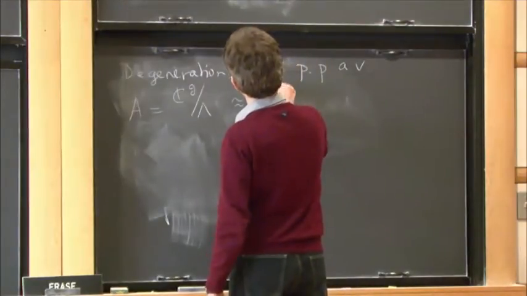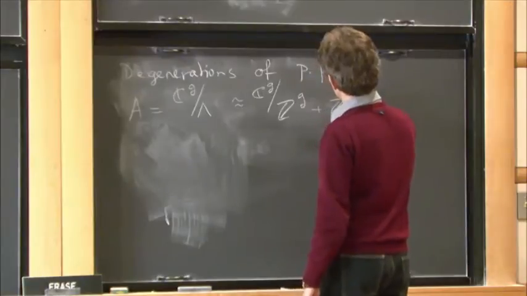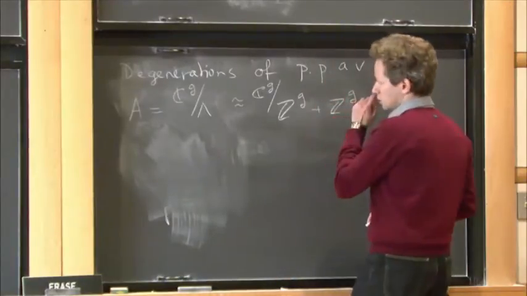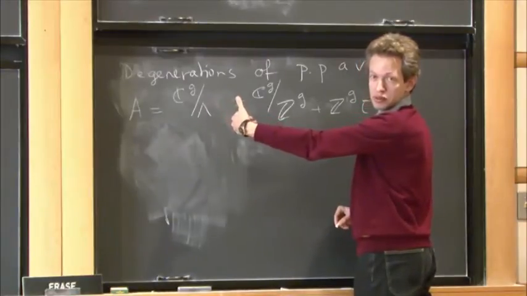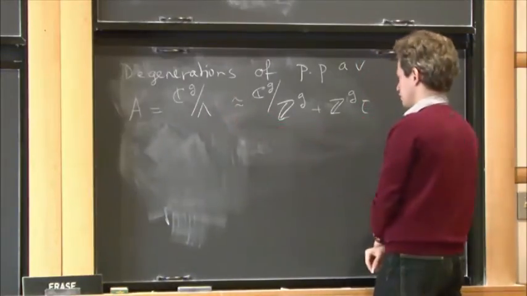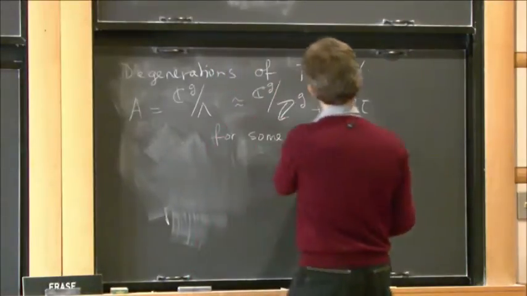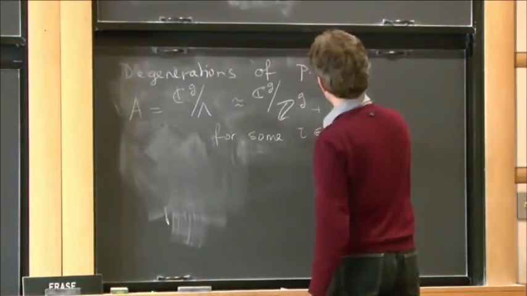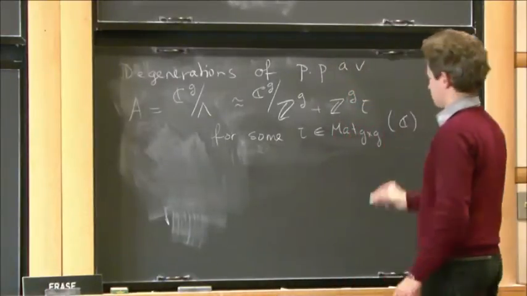And this is the same as C^g quotient by Z^g plus Z^g times tau. So what did I do? I just chose the first g vectors generating this lattice to be the basis vectors in the g directions, nothing else, for some tau now, which encodes the remaining g vectors. So tau is a g by g complex matrix.